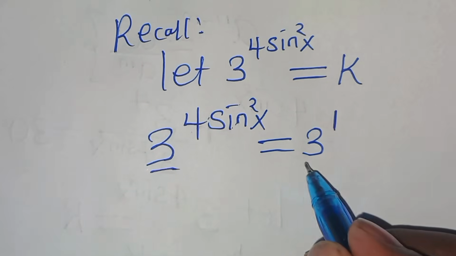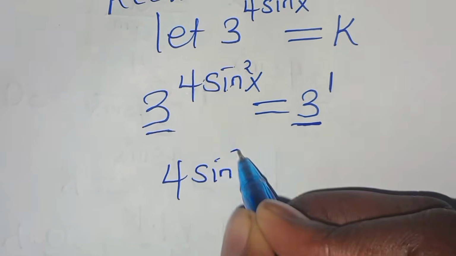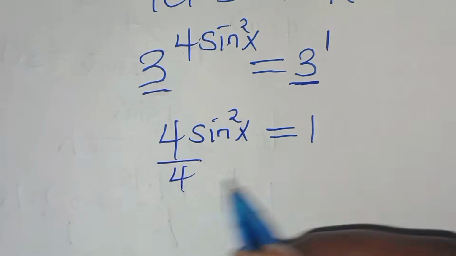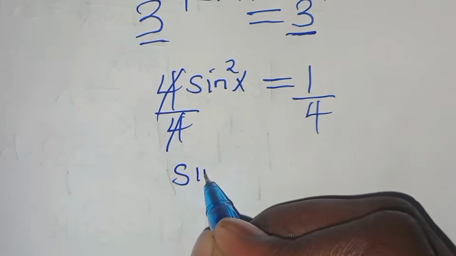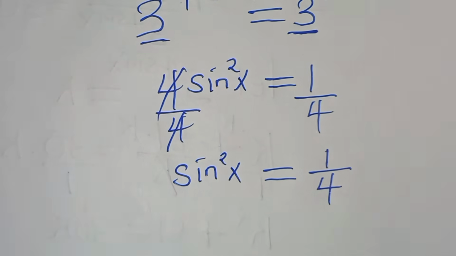Since the bases are common here, then we have 4 sine squared x equal to 1. Let's divide both sides by 4. And this means that sine squared x is equal to 1 over 4.